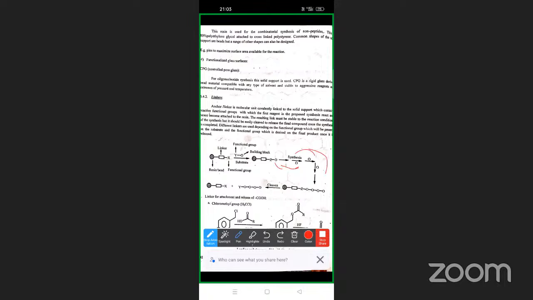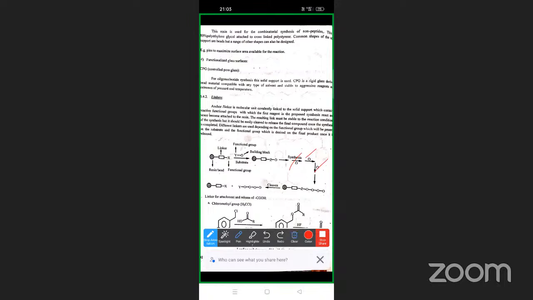Then we get this polymeric structure. After completion of the reaction, for example, if you want to stop the reaction after attachment of these three building blocks, you can stop the reaction or you can further continue it.